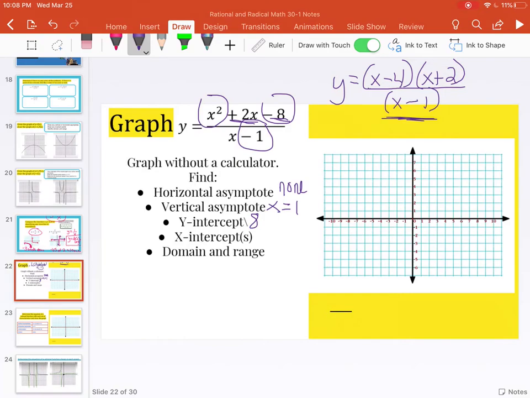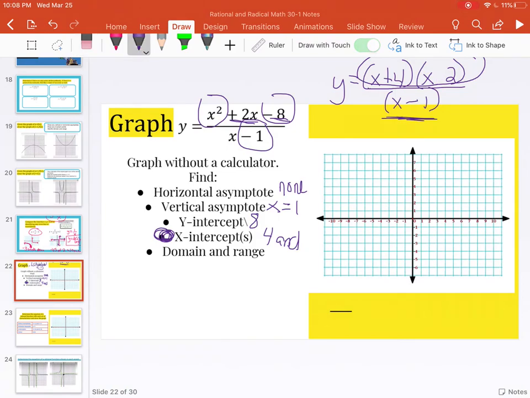The x-intercept, so this is pretty important. I want you to pay attention to this. The x-intercepts are any factors in your numerator that didn't cancel out. So this would actually have an x-intercept at 4, and actually this is supposed to be x plus 4 and x minus 2.